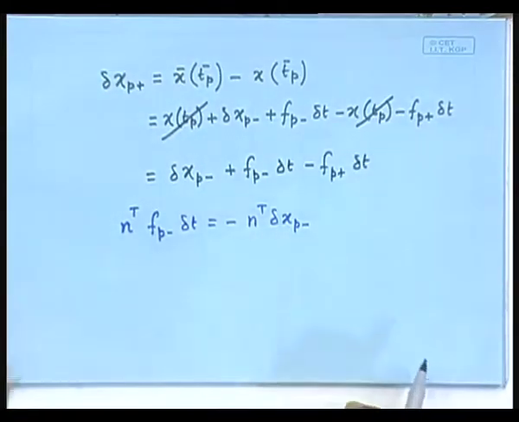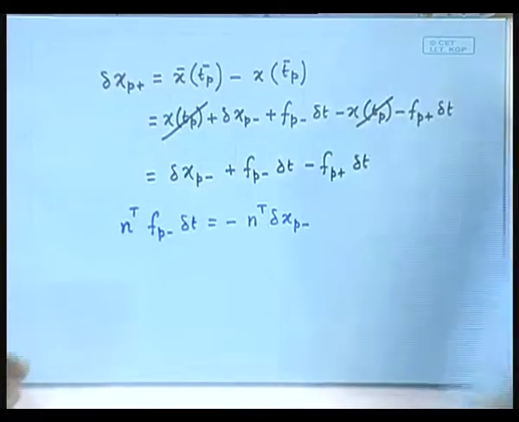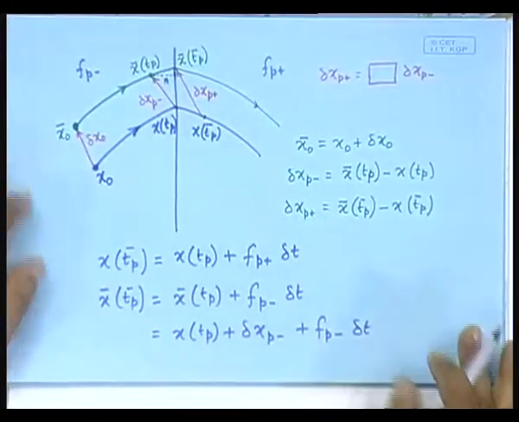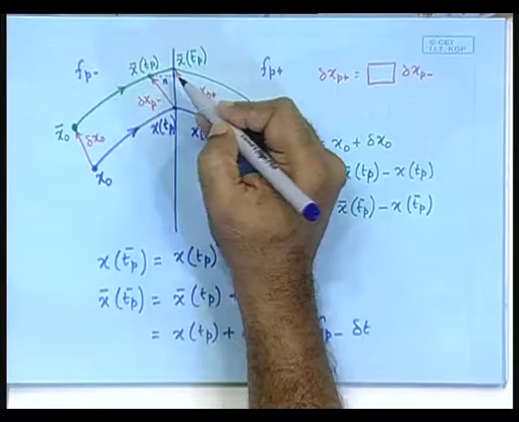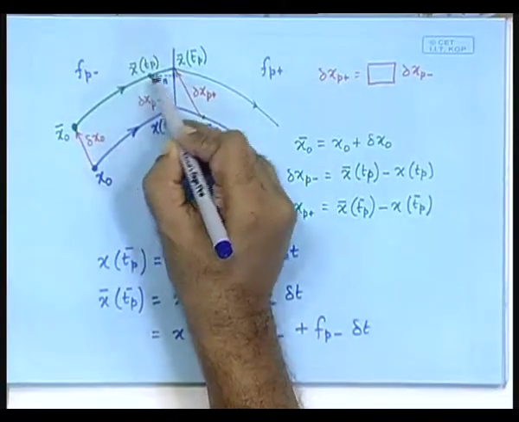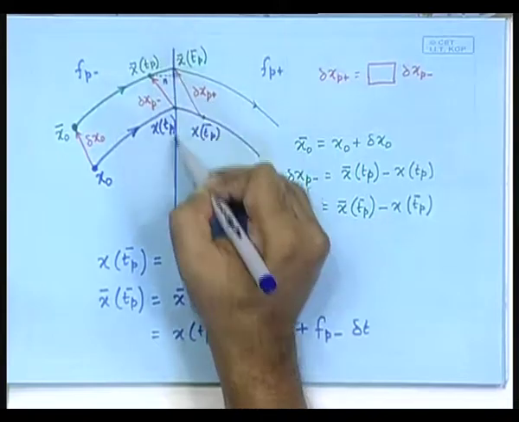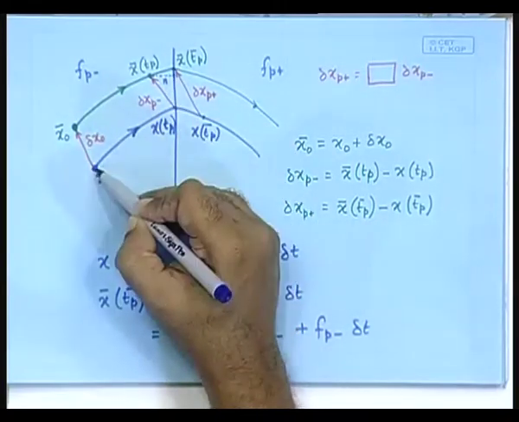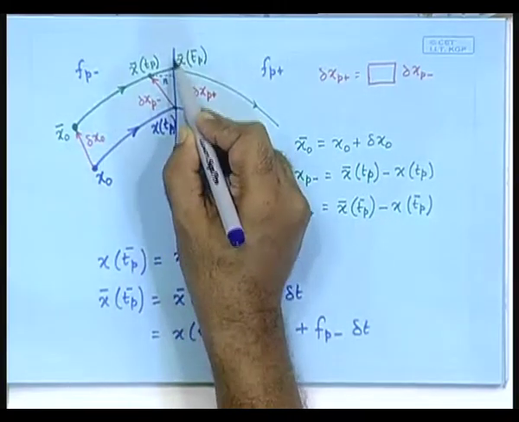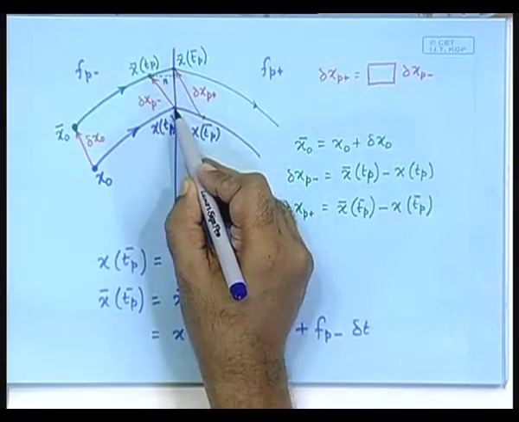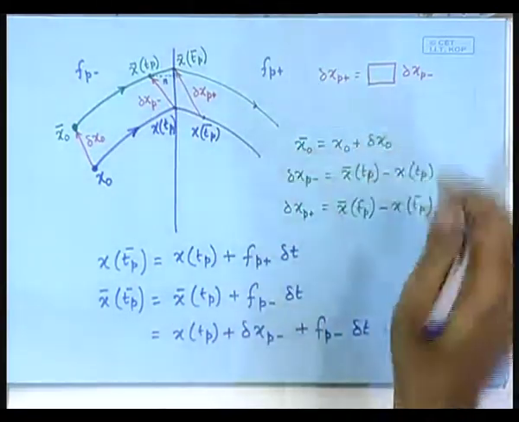This can also be, if you are not convinced, obtained from the condition that this evolution satisfies the condition for the switching manifold at this point, and this evolution satisfies the condition of the switching manifold at this point, and switching manifold is beta x equal to 0.